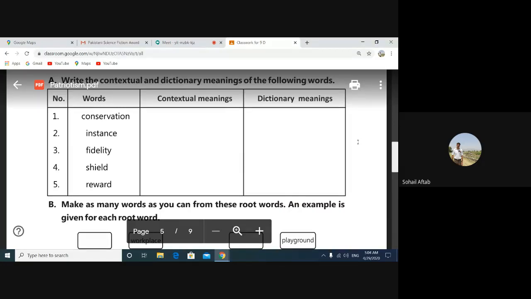First word is conservation. Conservation here means contextually protection.